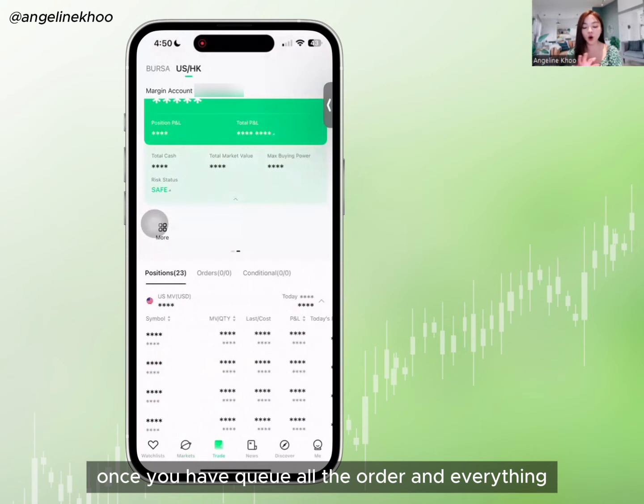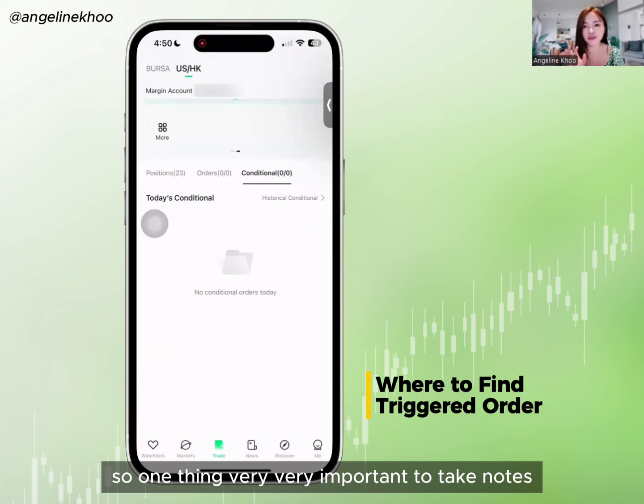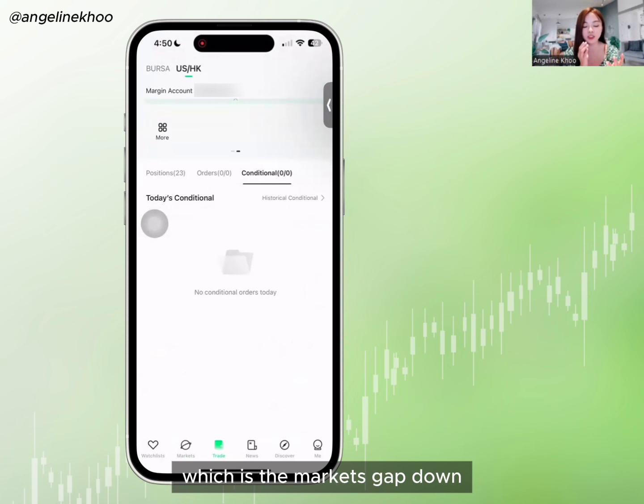Once you have queued all the orders, you'll be able to see all the conditional orders here. One thing very, very important to take note of is when something happens, like the market gaps down or there is panic selling, sometimes our stop loss order has already triggered, but the order is not matched.